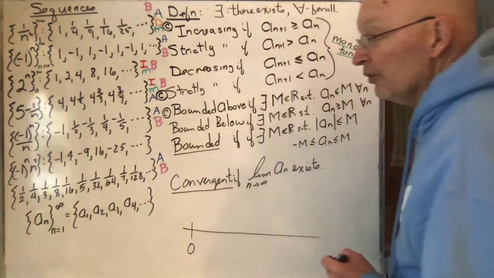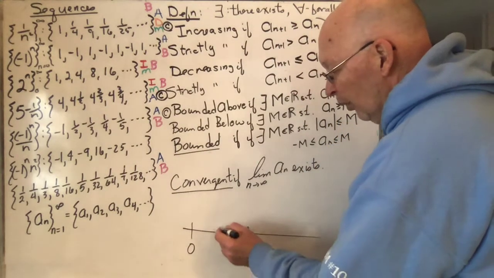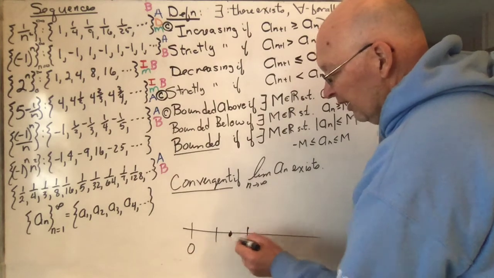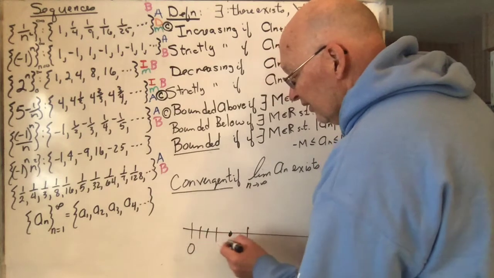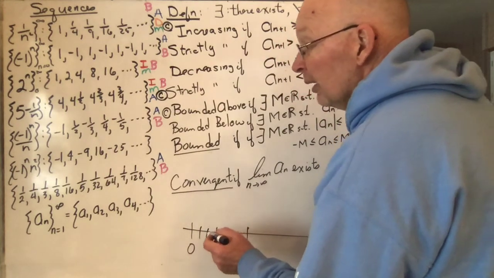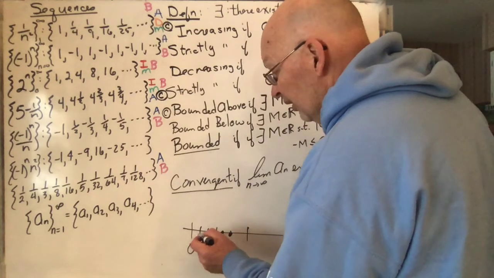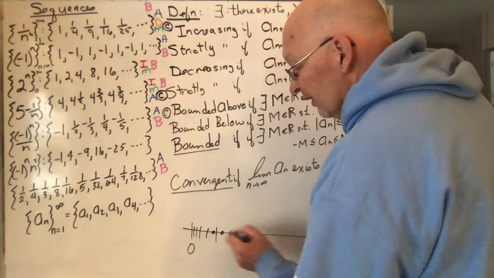So here's 0. So let's look at them again. Here's 1/2, then 1/4, and then it's 1/3. And then you get 1/8 and 1/16, and then you get 1/5. And then you get what? 1/32nd, 1/64th, and then you get 1/7.